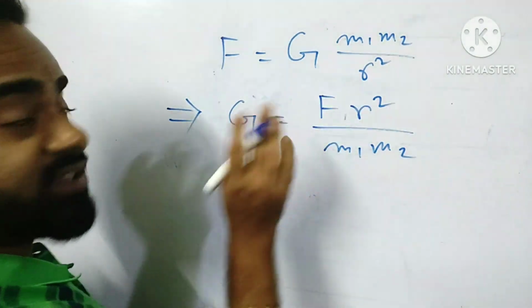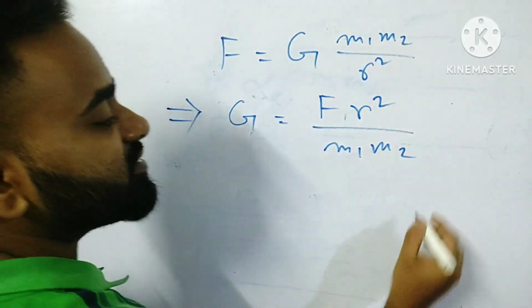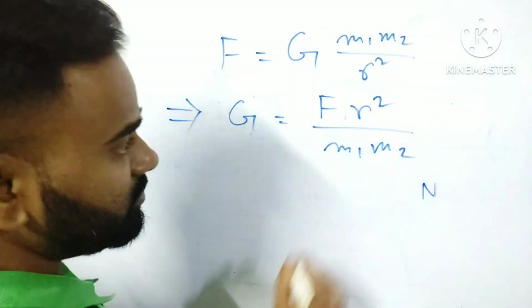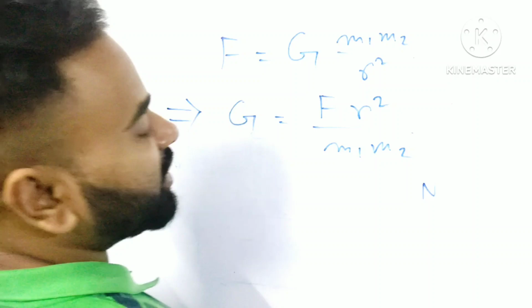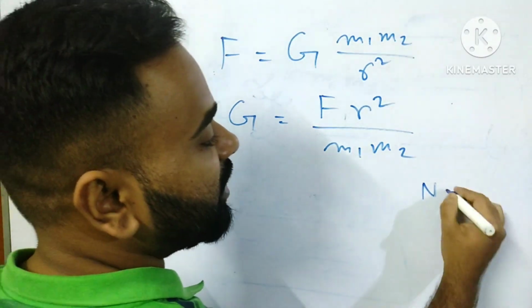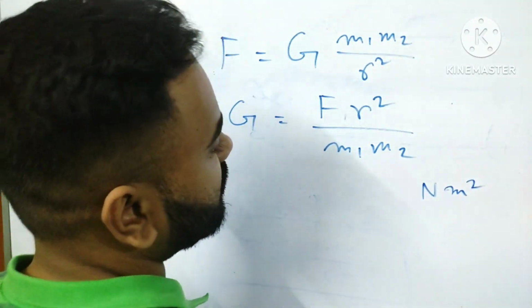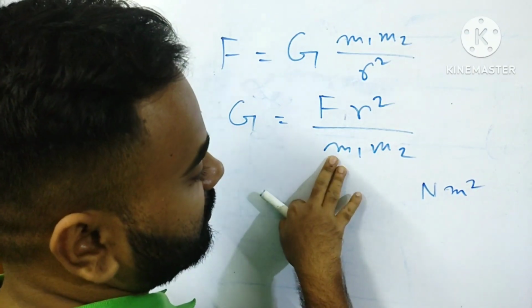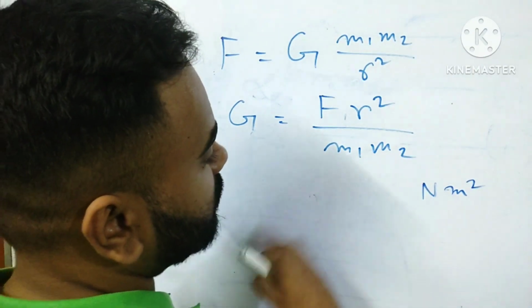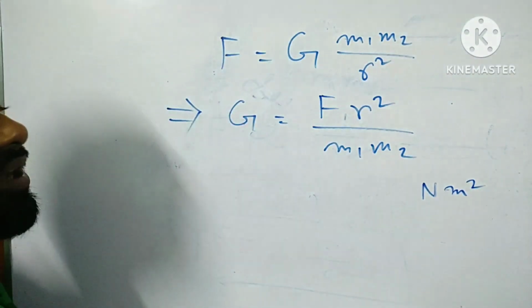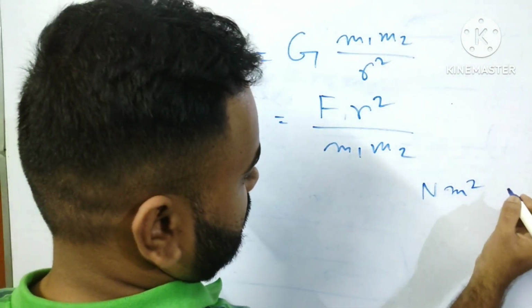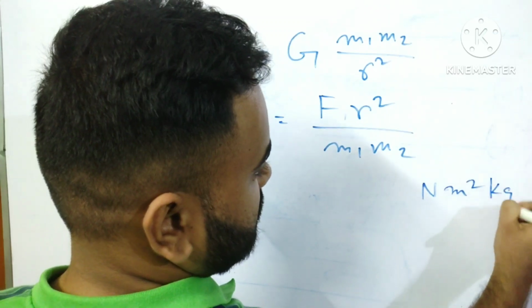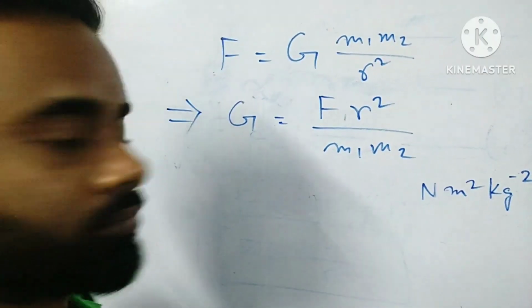The unit of force in the SI system is Newton. The unit of distance is meter, so the unit of r square will be meter square, m square, and the unit of mass in the SI system is kilogram, so kg to the power minus 2.